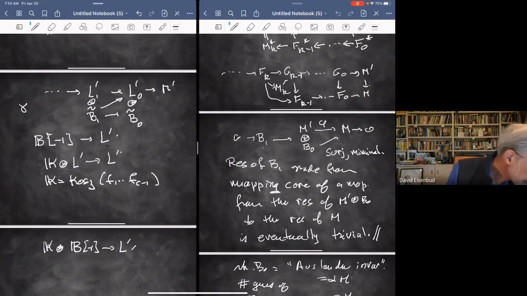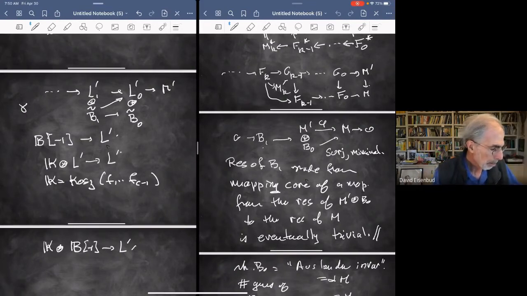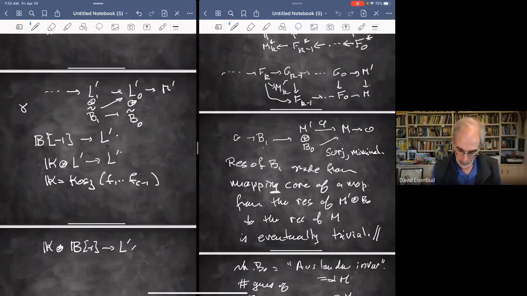Is this really what I wanted to do? Let's see. Yeah, that's right. To L prime. And the mapping cone of that is what I called L, upper arrow of M, F1 up to FC.